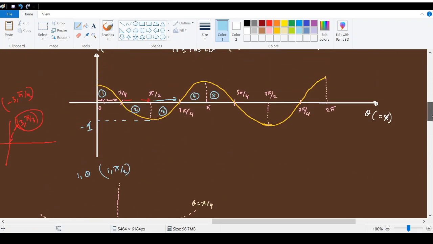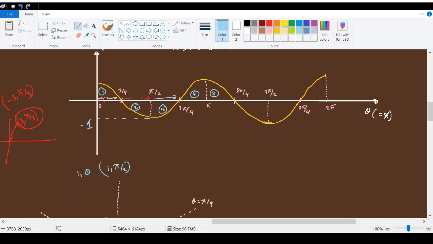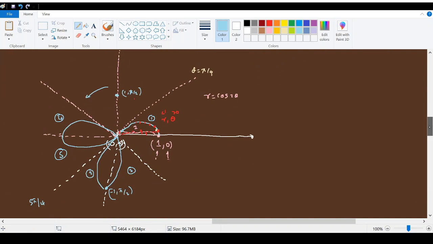And then for the angles in this portion, from 5 pi by 4 to 3 pi by 2. So this is the 3 pi by 2 angle, right? And a point in here, if we just mark a point, naturally the radius will take positive values, right?